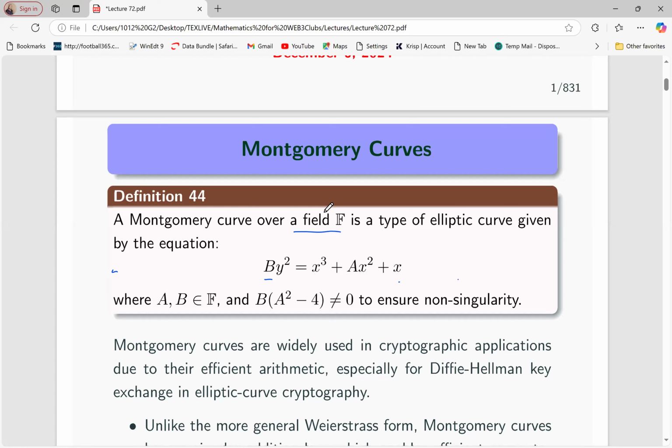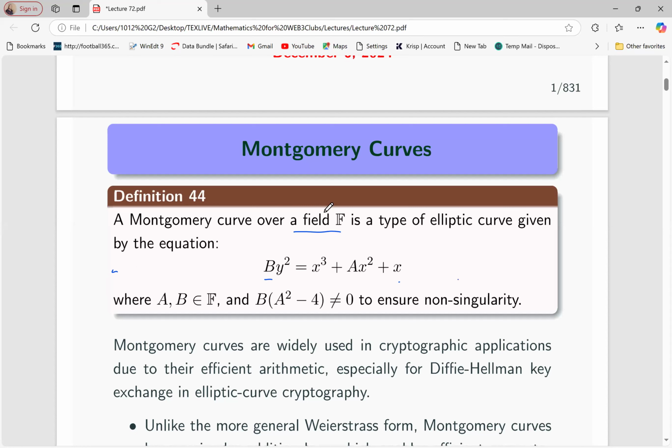For instance, we gave an example of Bitcoin, which has its own elliptic curve. Zcash has its own, and several companies have their own. And there are companies that use the Montgomery curves and so on.